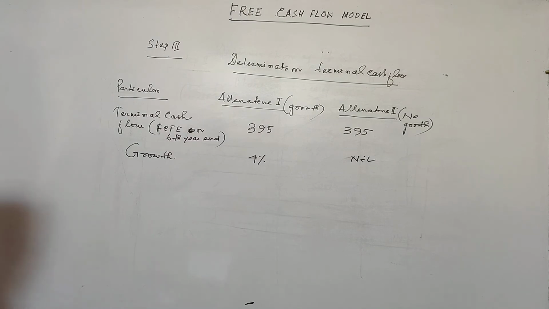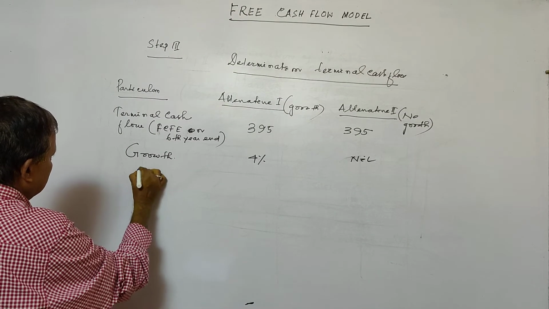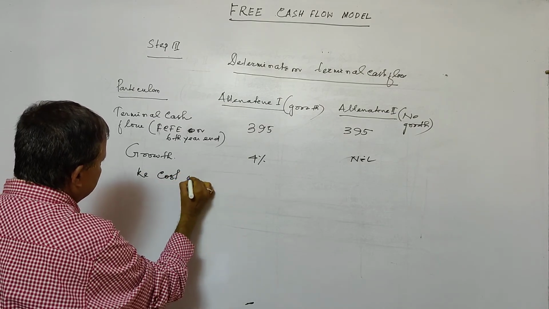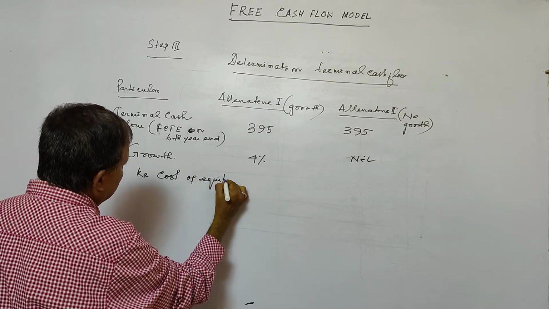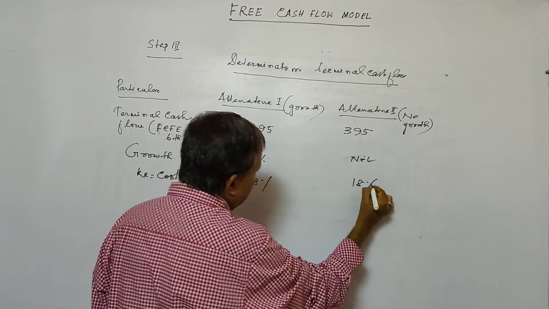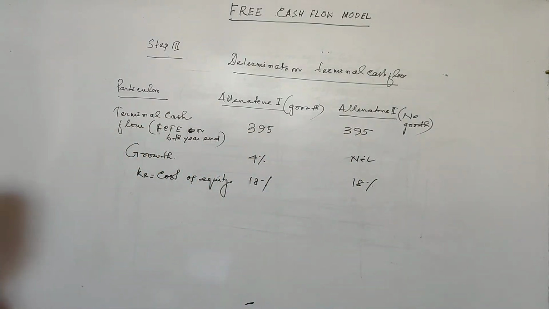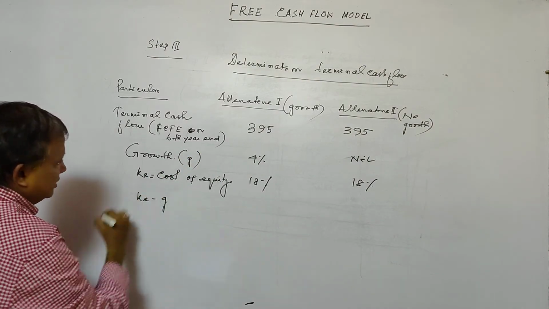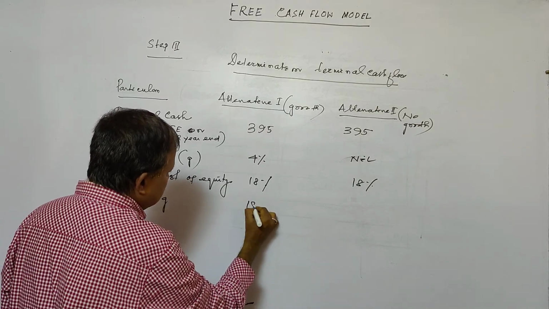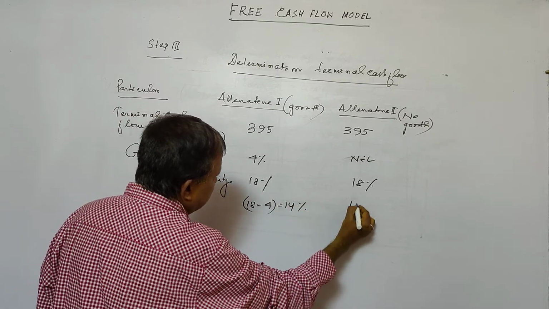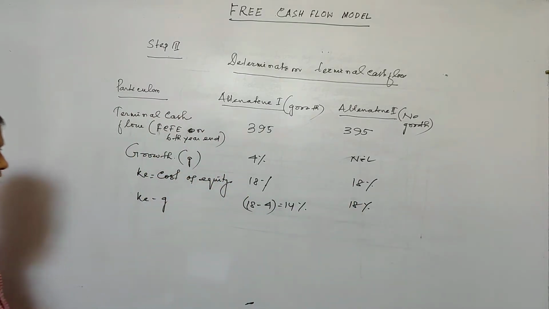Then we have been given in the question the cost of equity, 18%. So KE minus G is 18 minus 4 equal to 14%. This is 18 minus nil equal to 18%.